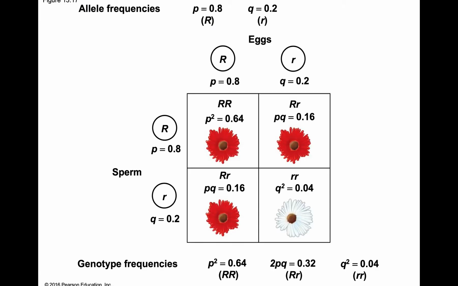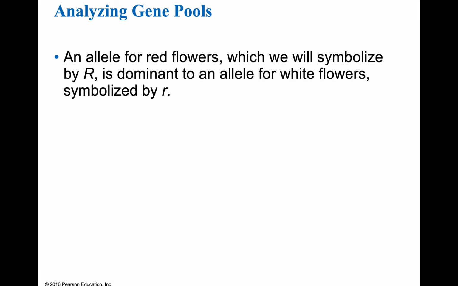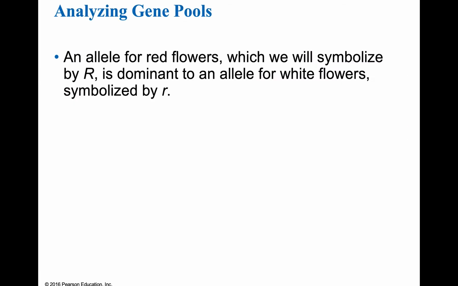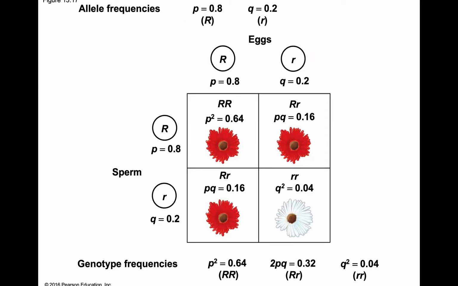On page 258, here we have a story about the red flower and the white flower. Yes, it is the same as the picture shown here on page 258. And what the Hardy-Weinberg principle says is, what is that genetic frequency? What are the odds of certain things happening in terms of math?